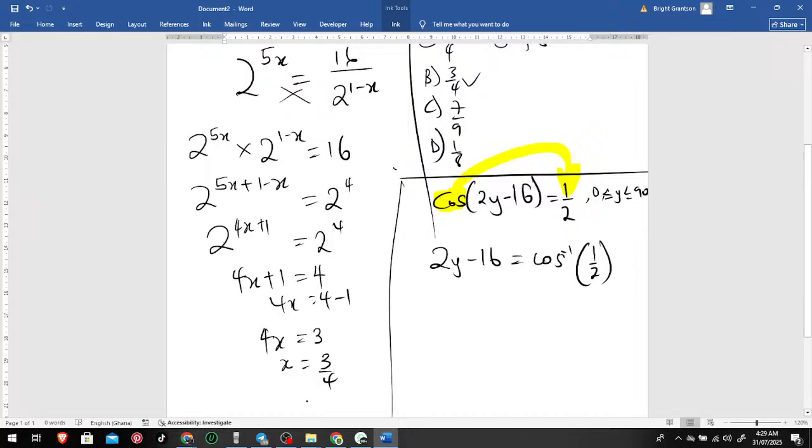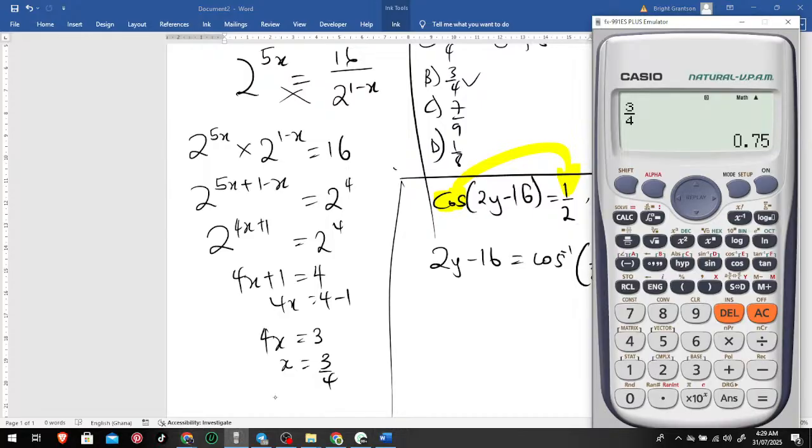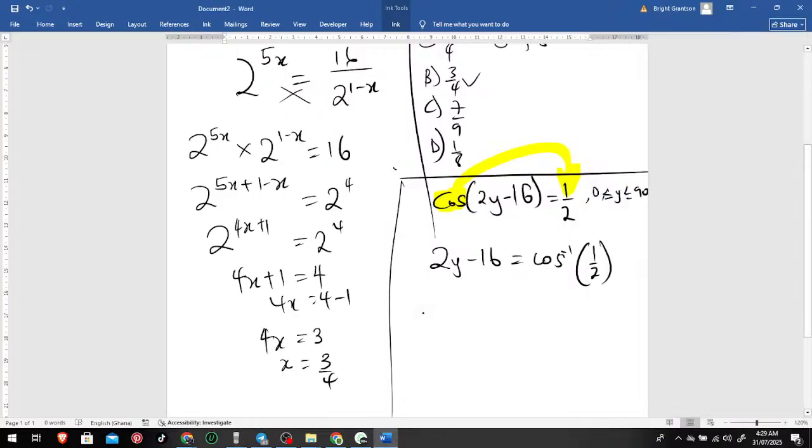You go to your calculator. Cos inverse of half. Shift and cos. My calculator is freezing. Cos inverse of half is 60. 60, right? Yes, 60. So 2y minus 16 equals 60.